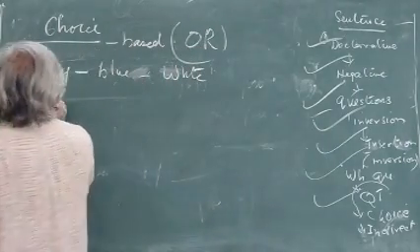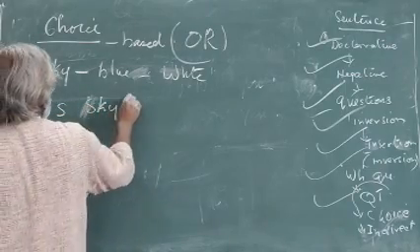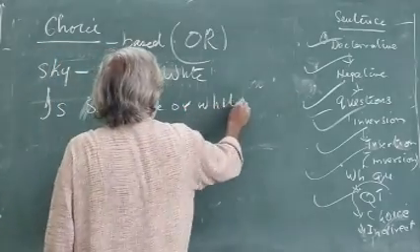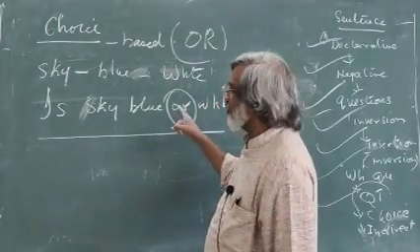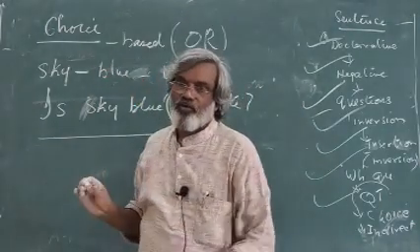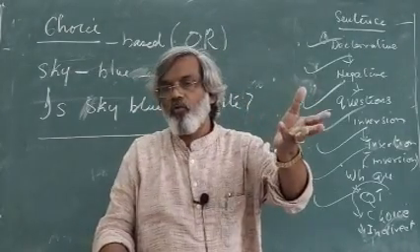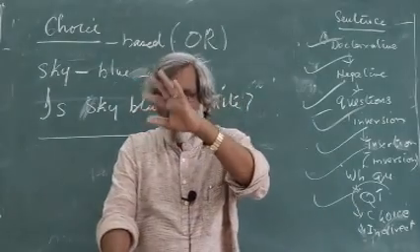Then your question will be, is the sky blue or white? The presence of or gives a choice. So this is the choice pattern. Like mango, ripe or tender: is the mango ripe or tender?